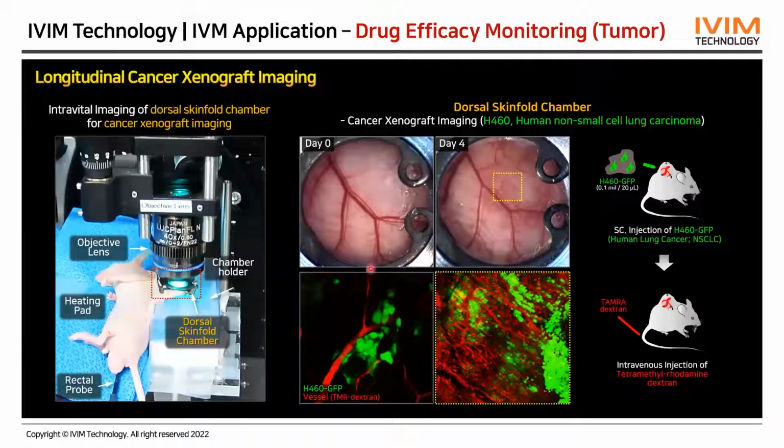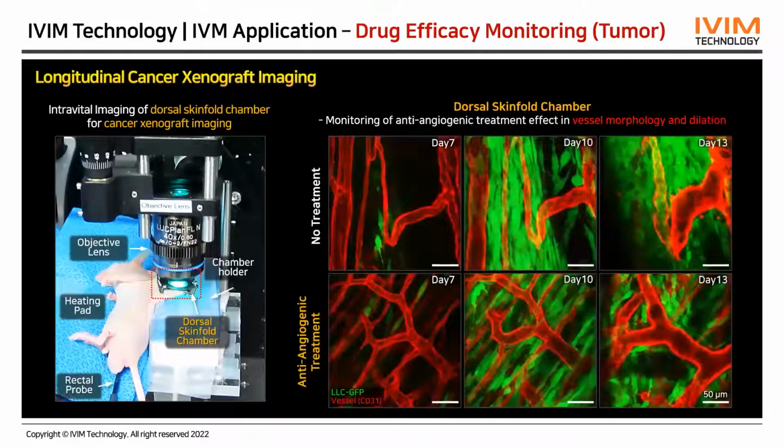So we first implant the tumor cells and monitor the development of the tumor on the site. The result shows tumor growth with newly generated vascular angiogenesis within 4 days after tumor implantation.